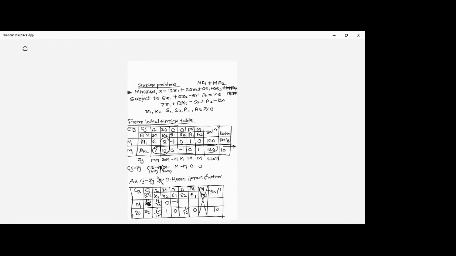Confusion. So let's check. What is the value of 12 minus 13M? We have considered the value as 1000, right? So let me do the calculation. 12 minus 13,000 comes out to be minus 12,988. And your 20 minus 20M is equal to 20 minus 20,000, which comes out to be minus 19,980.